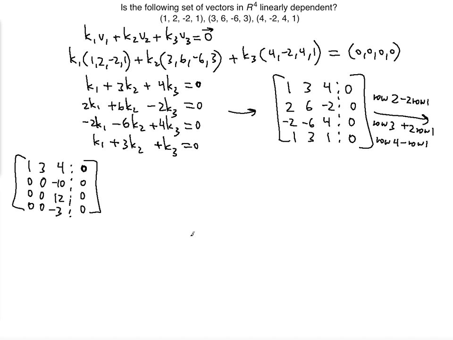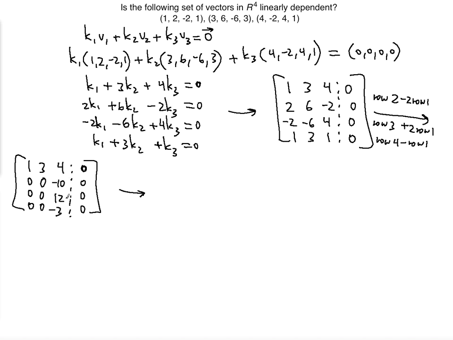So what does that give us? Notice that k3 is always going to be 0. These are the coefficients 4, negative 10, 12, and negative 3, and they multiply the scalar k3.